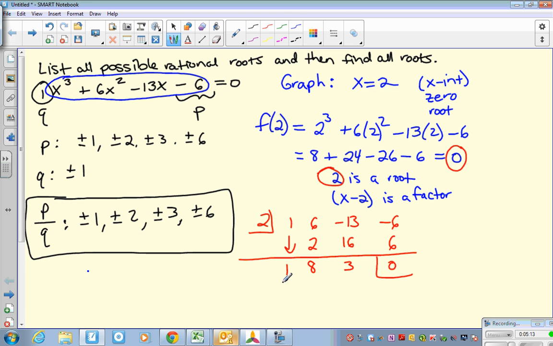Well, now this function we have to translate into a quadratic. This is x squared plus 8x plus 3. So now we're going to have this function f of x equals the answer we just got from the synthetic division times the root we got previously, x minus 2.